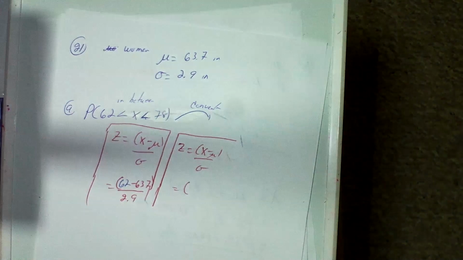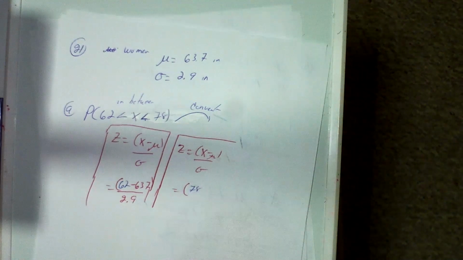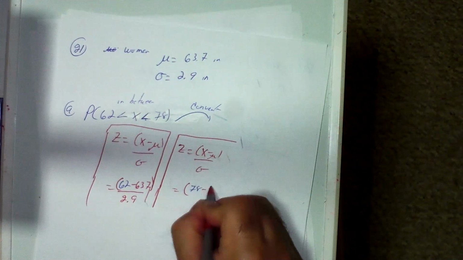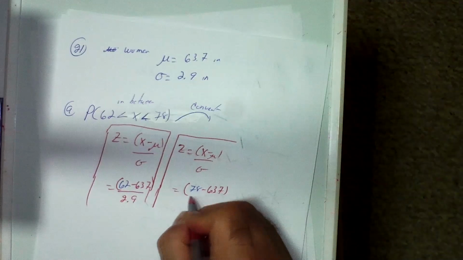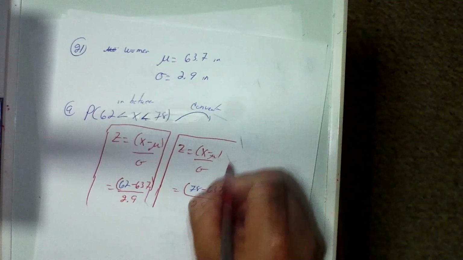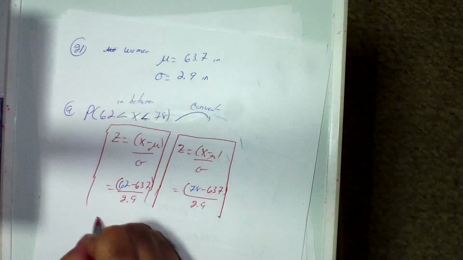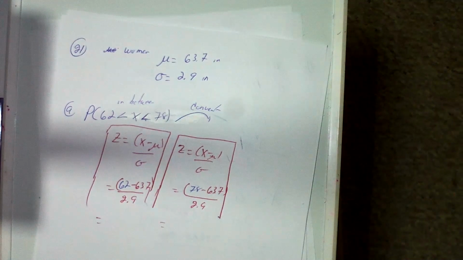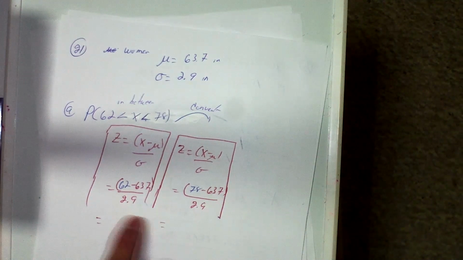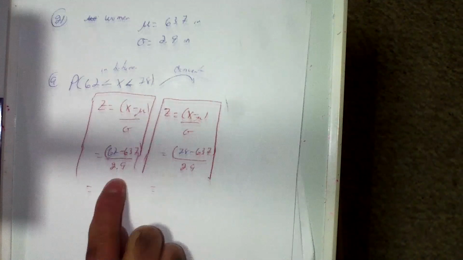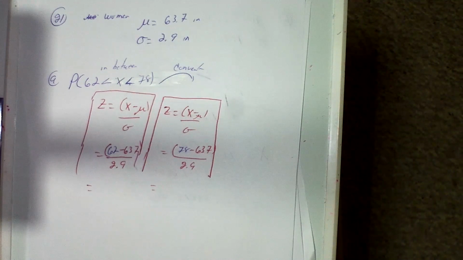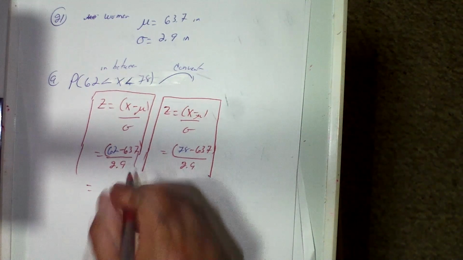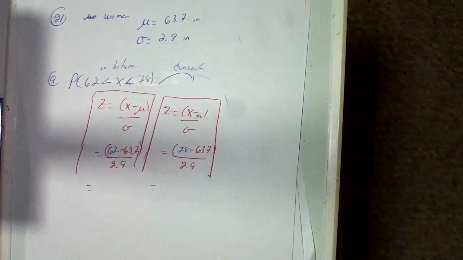78 minus 63.7, and then divided by 2.9. I hope I have enough space. I don't think I do. Okay, and I'm going to figure them out. Make sure that you have two numbers behind the decimal.